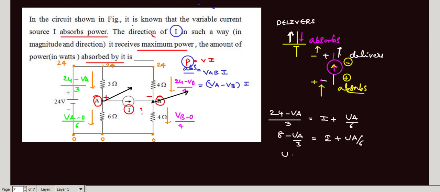So VA by 6 plus VA by 3 equals 8 minus I. That is VA plus 2VA, 3VA by 6, which is VA by 2, equal to 8 minus I. So VA equals 16 minus 2I. So I found VA. Similarly, find VB.